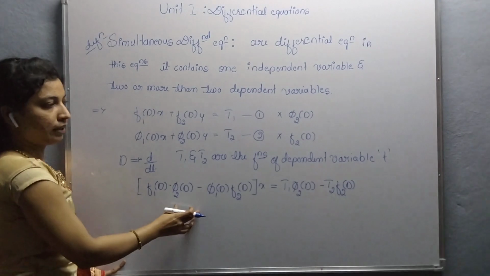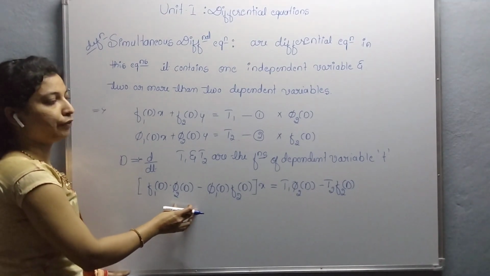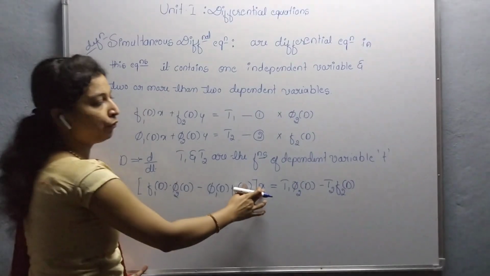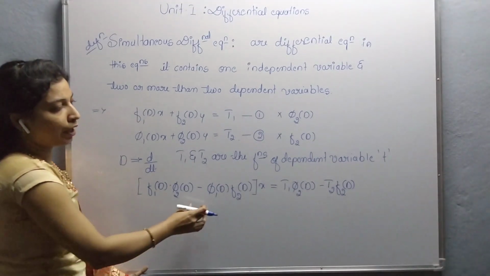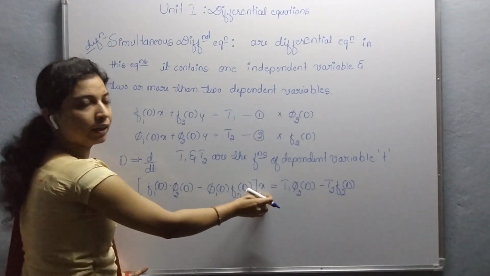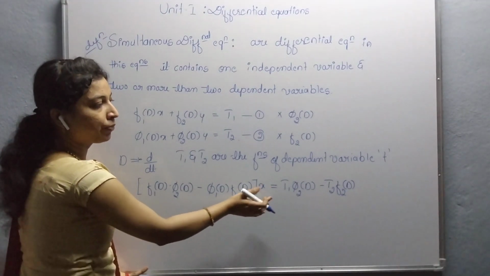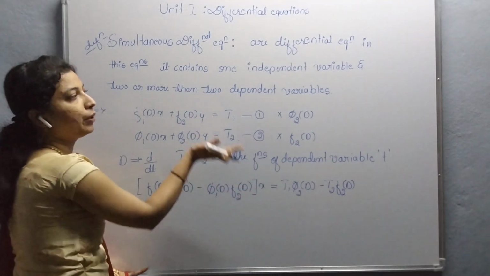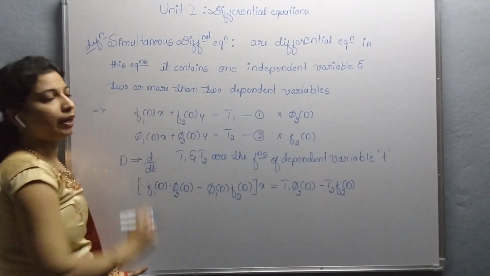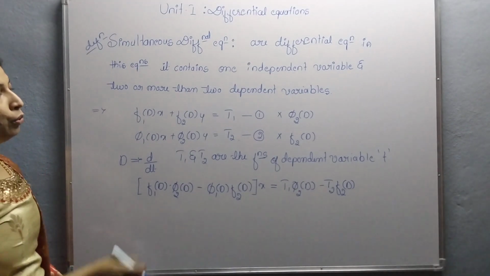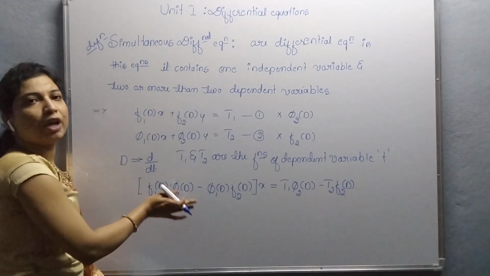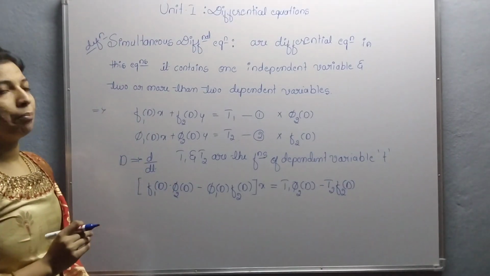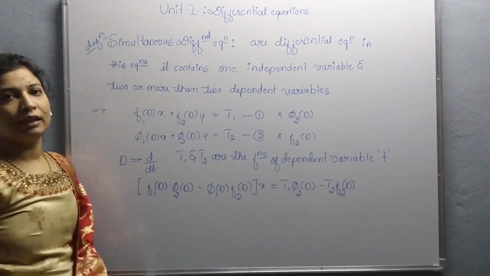Now this equation is a linear differential equation in x and t. Then we can solve for x. It means we get the x value. Then we can substitute this x value in either equation 1 or equation 2. To understand this procedure better, we have to solve one example.